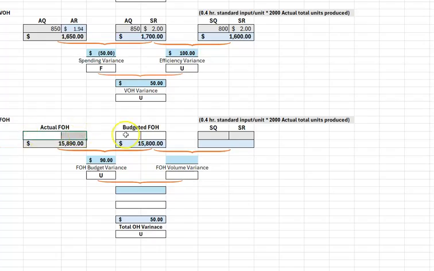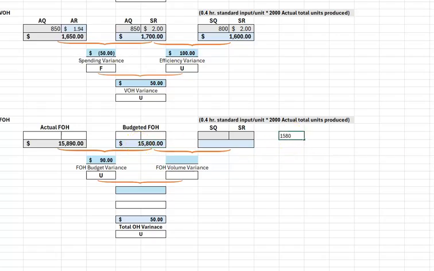I'm not going to calculate the per unit or the number of hours because we know for fixed overhead that doesn't matter, right? It doesn't matter how many units you produce. But when we're looking at our standard quantity here, we do take it into consideration. So again, what we're looking at here is the denominator activity. Our denominator activity level is 800 hours, and the budgeted amount is 15,800.